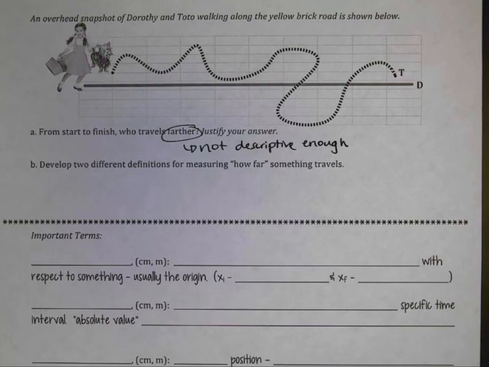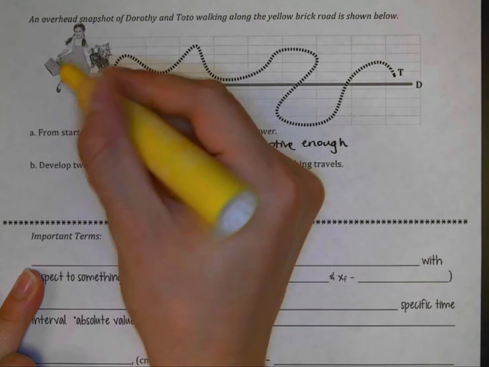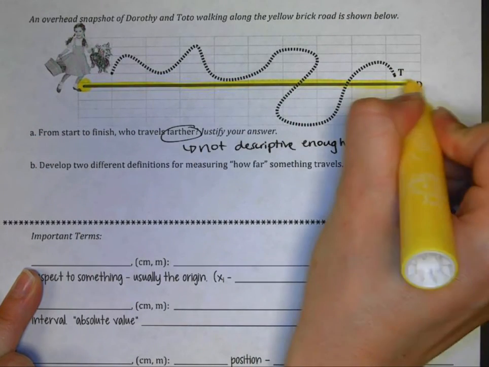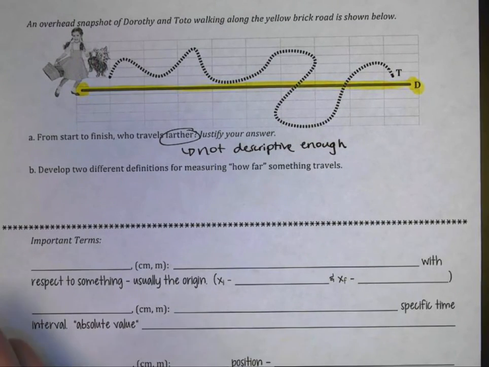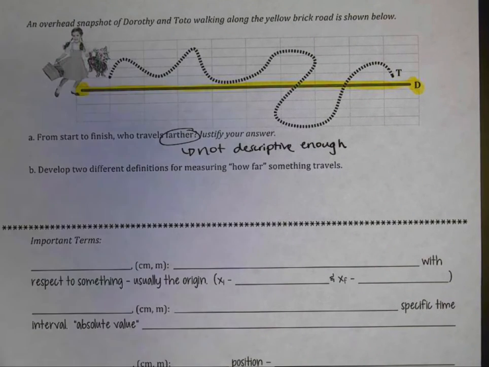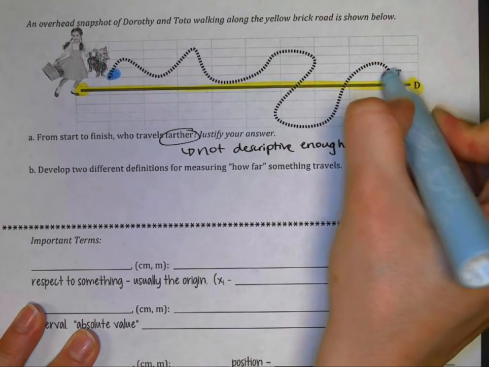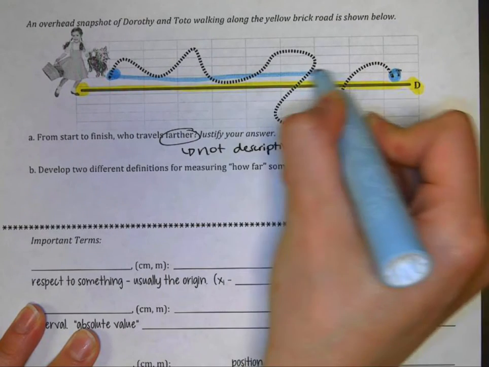You could say that Dorothy travels farther because she traveled from here to here, so she ends at a further distance away from where she started. Or, especially compared to Toto, because Toto just traveled from his starting position to his final position. That's the only change he had.